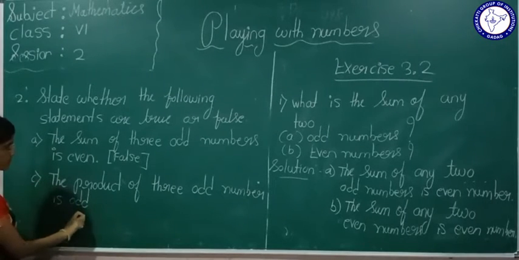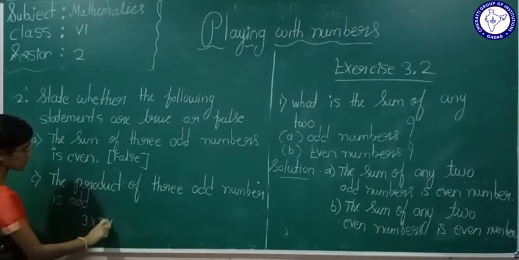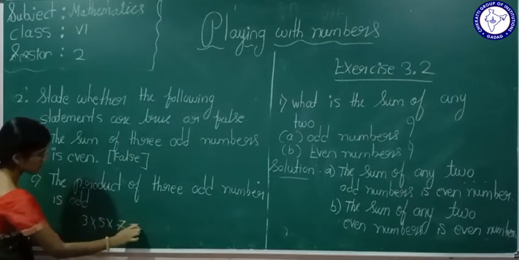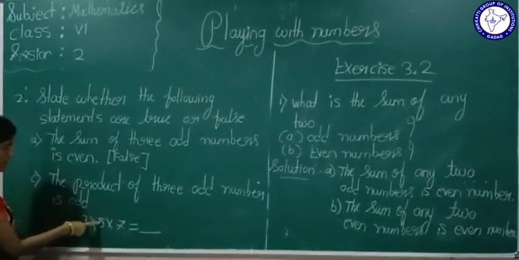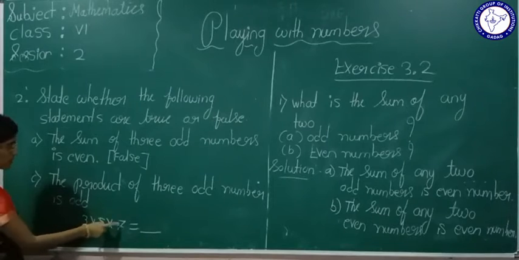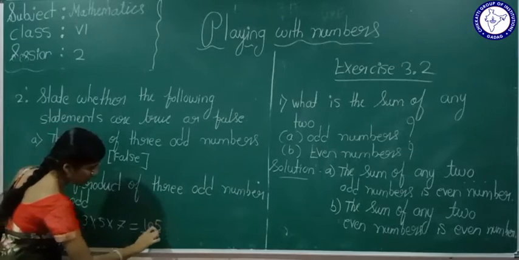Now see here, odd numbers 3, 5 and 7. 3 fives are 15. 7 fives are 35. 35 plus 70 is 105.